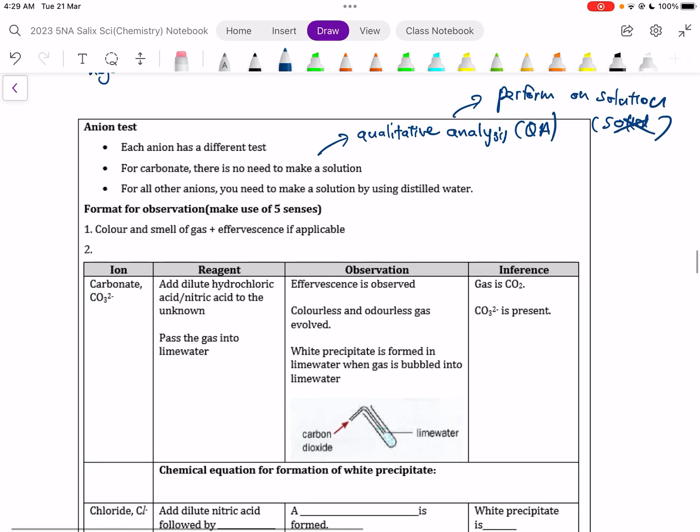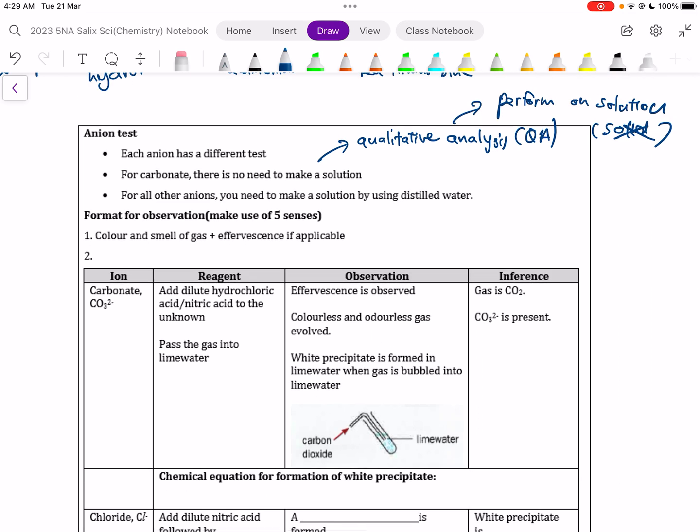For observations, there are namely two ways that you will write the observations for anion tests. Usually if there is gas, you will write color, smell, and effervescence. Usually effervescence is when you get an insoluble gas.